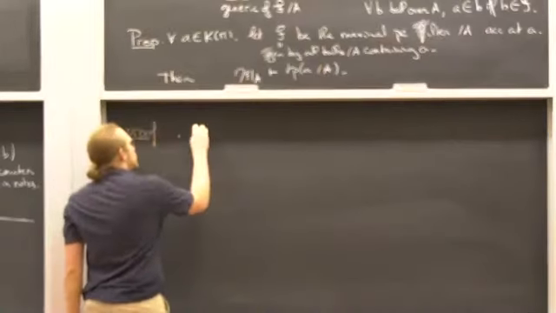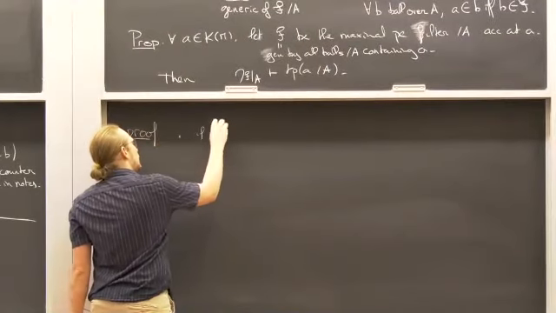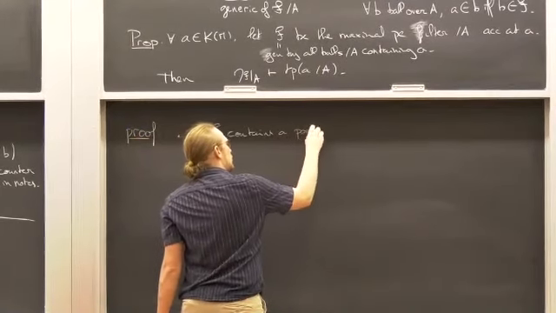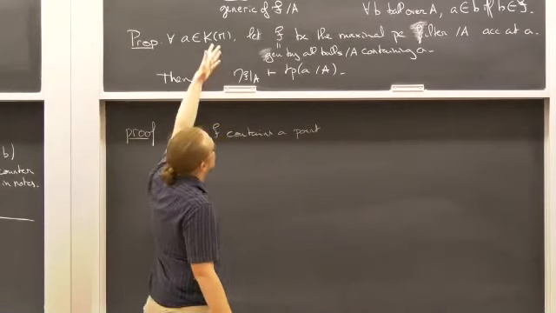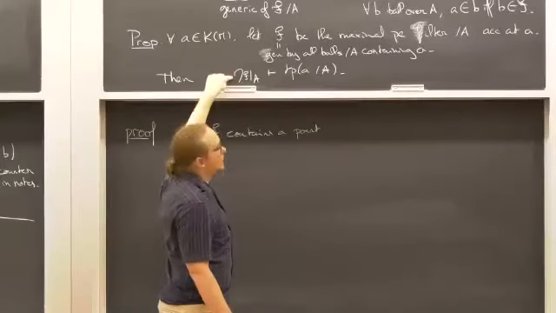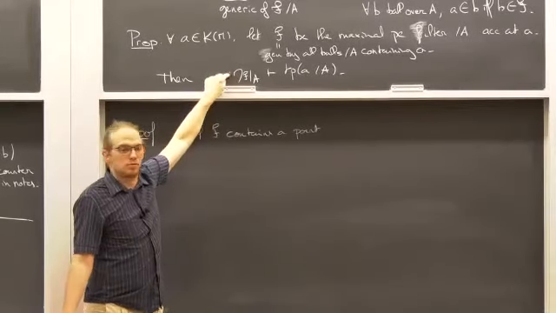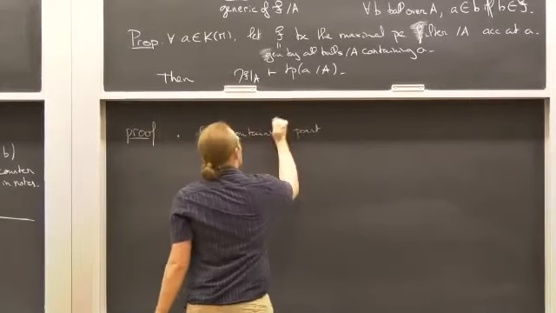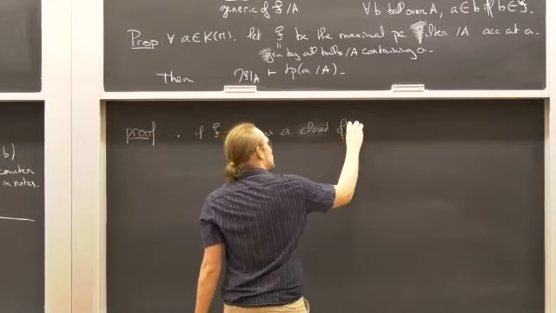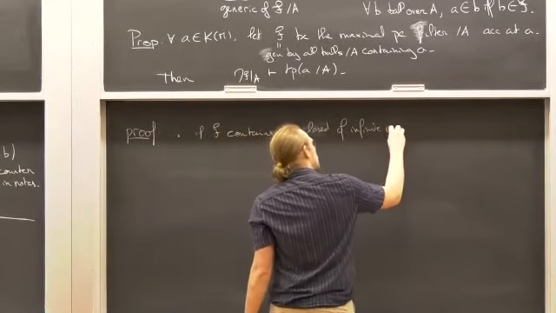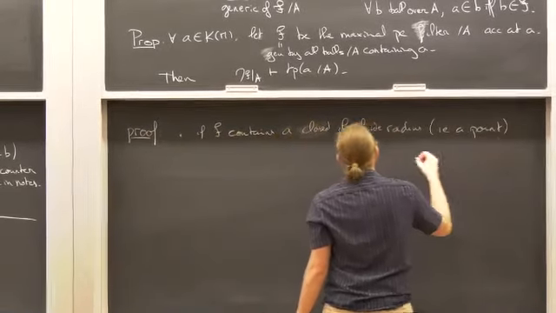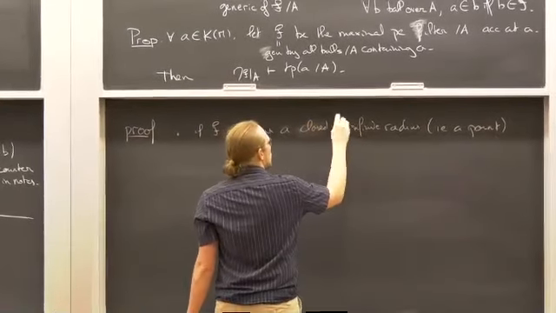Okay, so first case, if F contains a point, a singleton, then it's okay, because this is a realized type, and this already says x is equal to that point. F contains a ball, a closed ball of infinite radius, i.e. a point. So a closed ball B. Oh, I forgot ball.